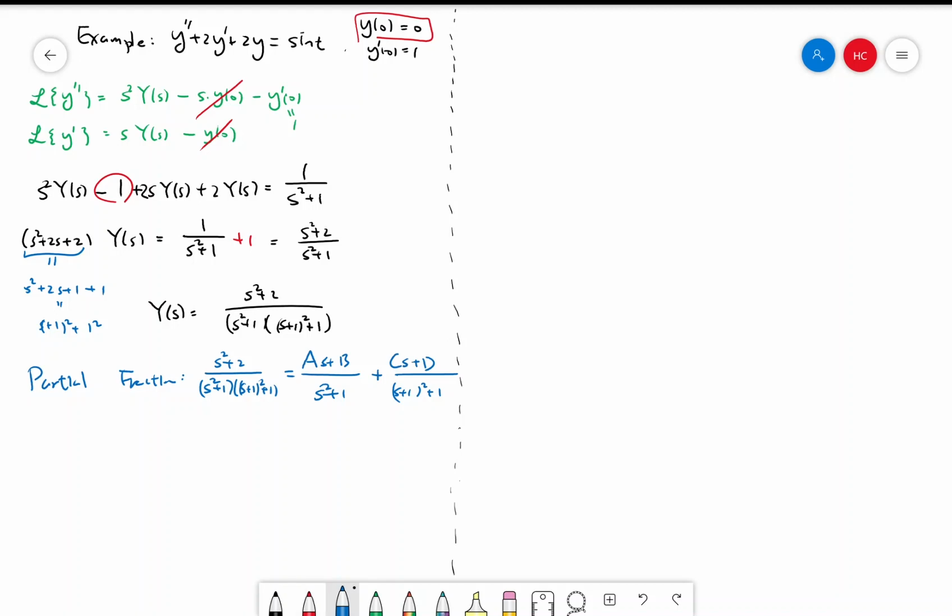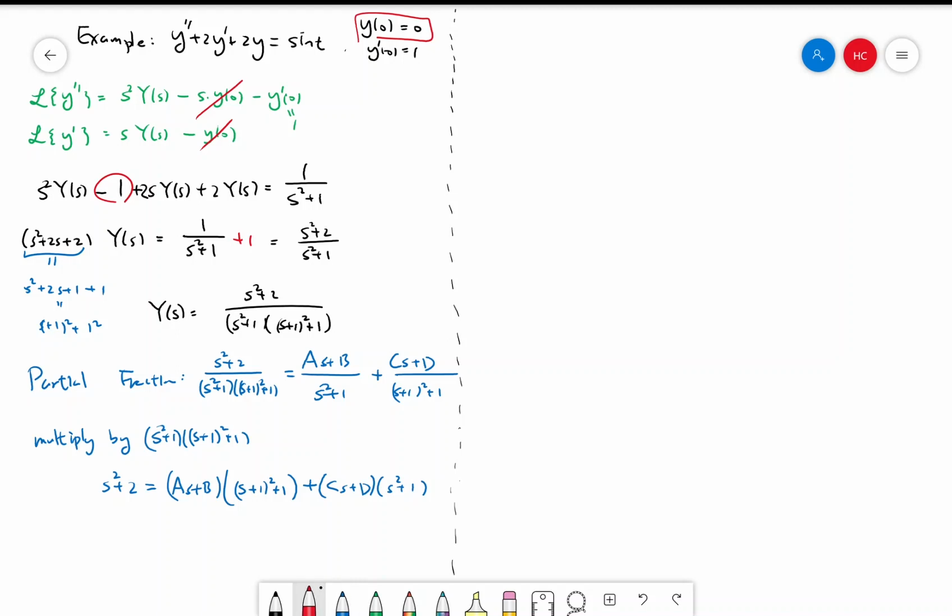So the first thing we always do is we multiply by the common denominator. So we get s squared plus 2 equals as plus b times s plus 1 squared plus 1, plus cs plus d times s squared plus 1.